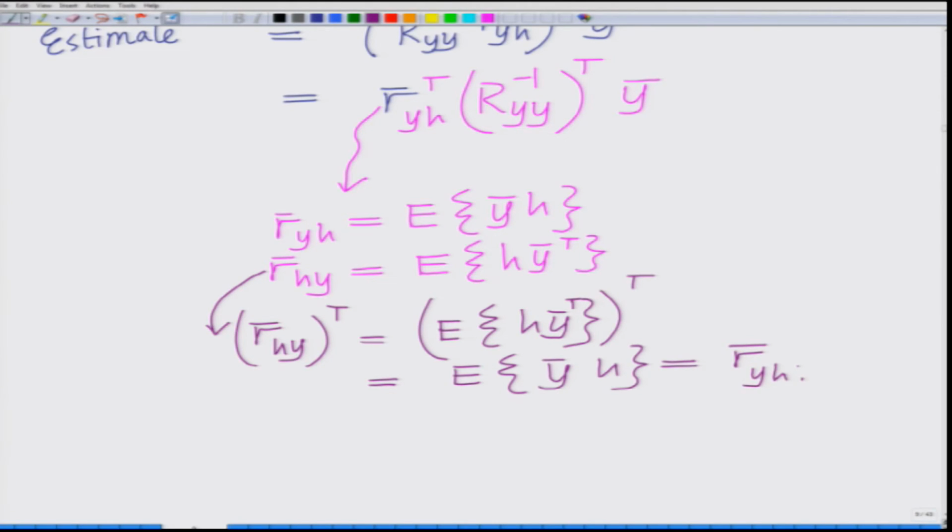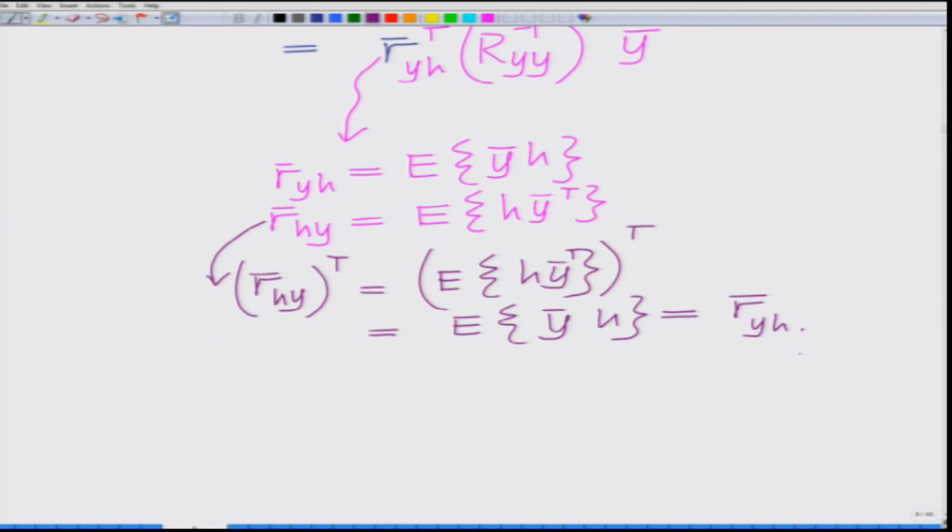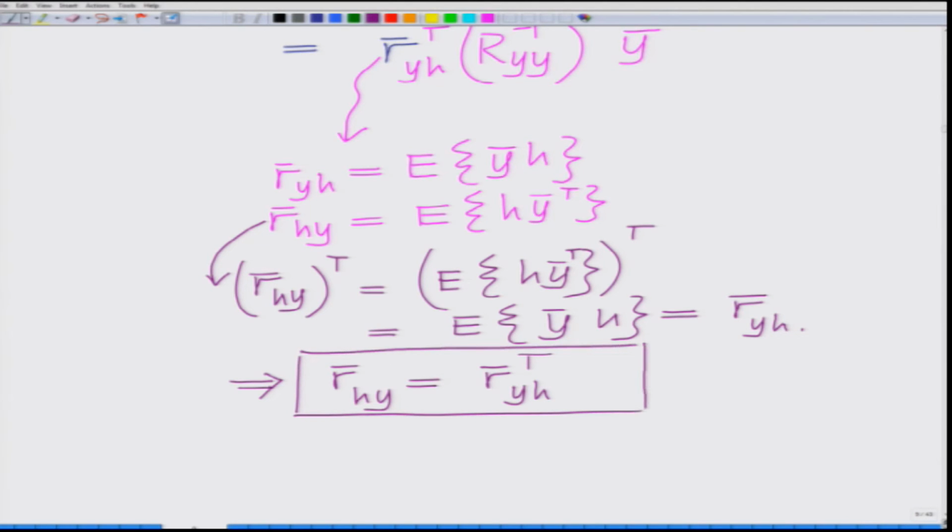So, R bar HY transpose is R bar YH, which means R bar HY is equal to R bar YH transpose. So, this is the relation between these two quantities, they are transposes of each other.